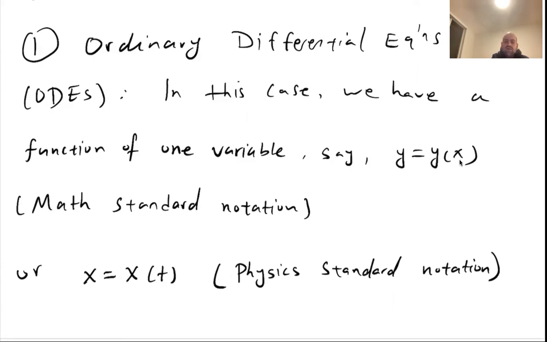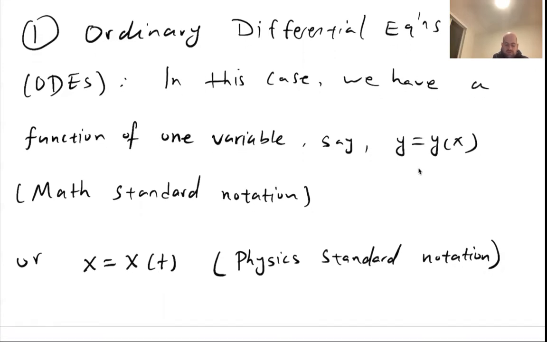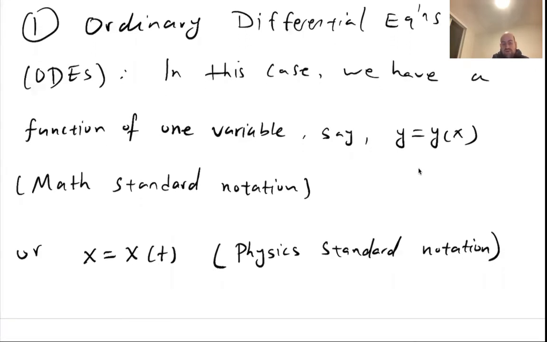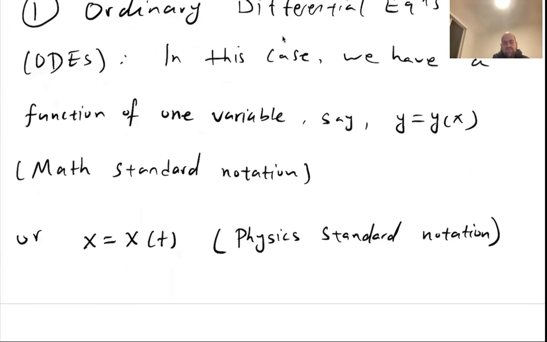But in math notation, usually x is the independent variable and y is the function, the dependent variable. So either of these two notations can appear in this course. We could talk about y as a function of x, or we could talk about x as a function of t.